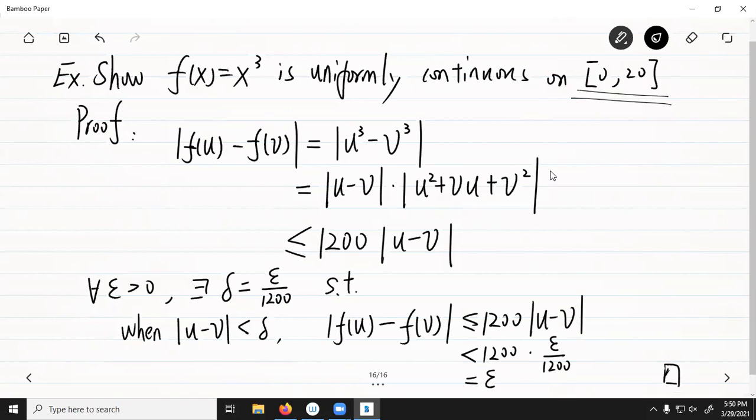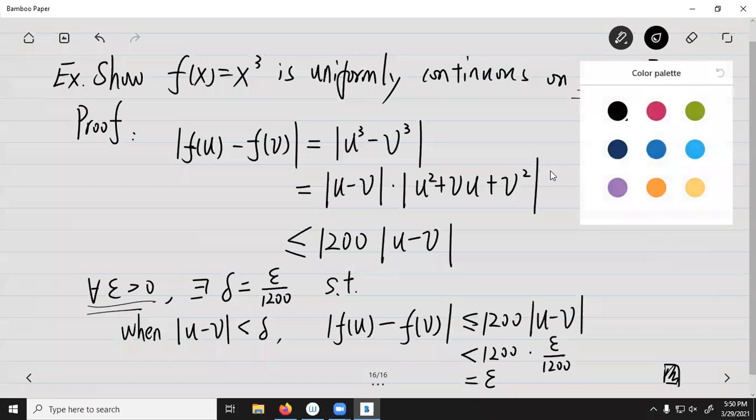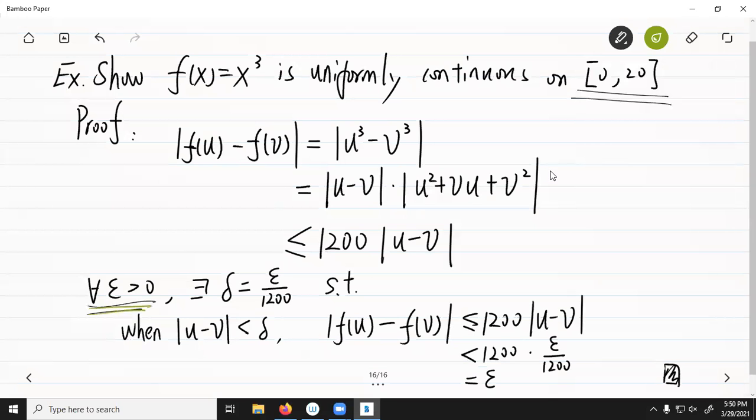So we are done. You can see for any epsilon greater than 0, there exists a delta greater than 0, such that if the absolute value of u minus v is less than delta, then the absolute value of f of u minus f of v is less than epsilon.